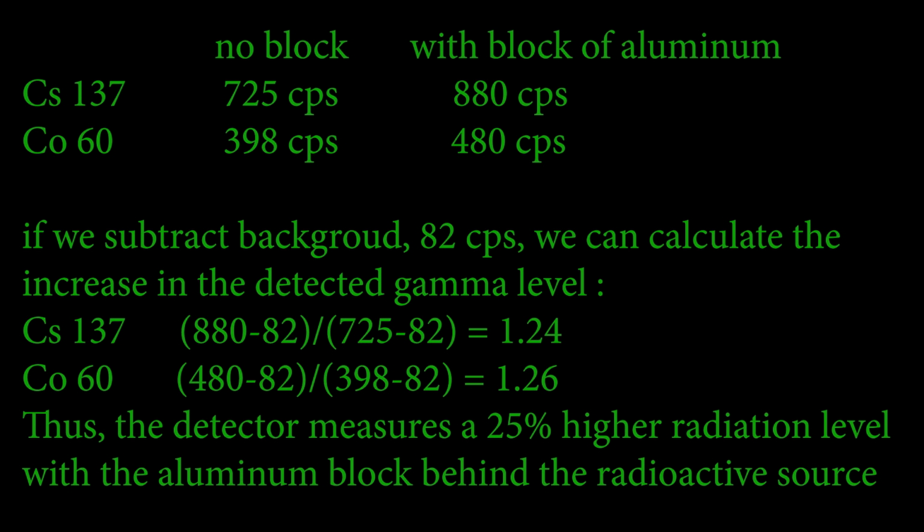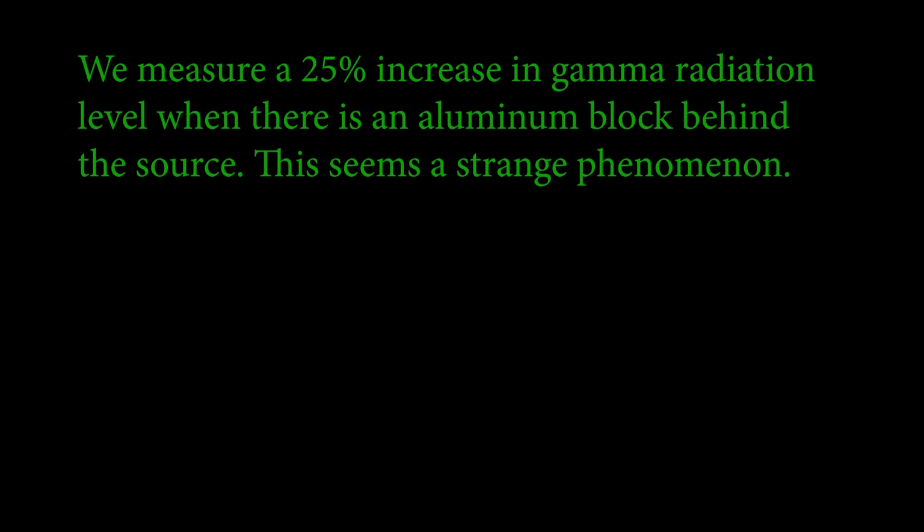We measure a 25% increase in gamma radiation level when there is a large aluminium block behind the source.